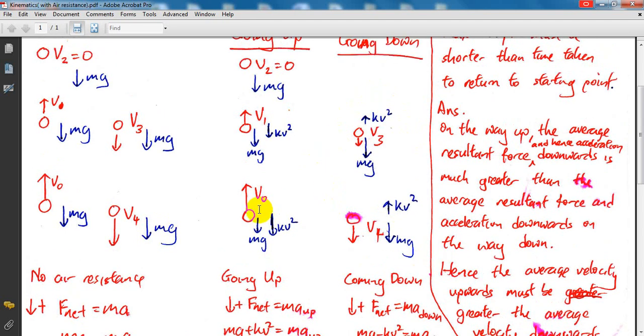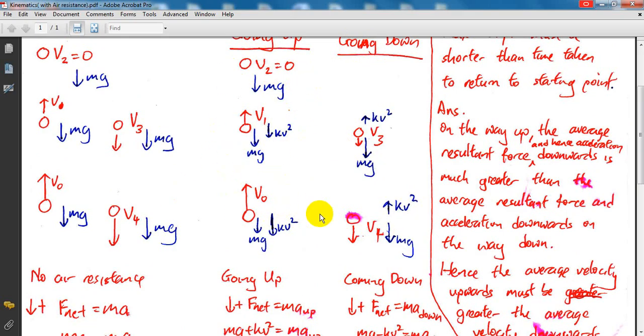Okay, you can see that from here to here, I go from a value v0 to 0, but on the way down I go from a value 0 to a value v4, where v4 is actually smaller than v0. Okay, and so if I look at on the way down, the average velocity is definitely smaller than the average velocity on the way up.